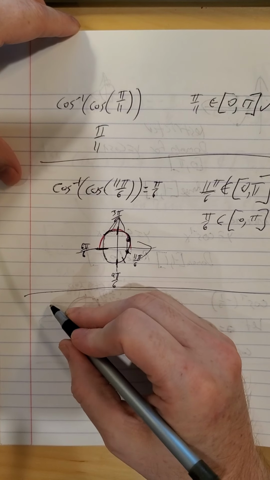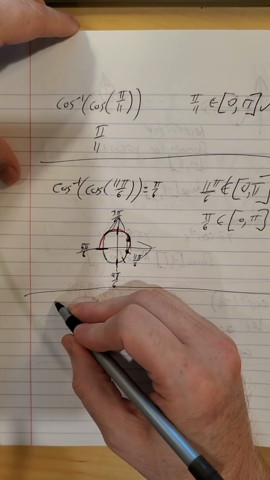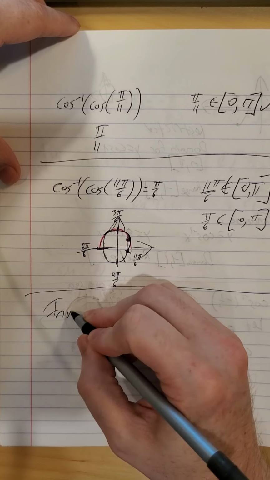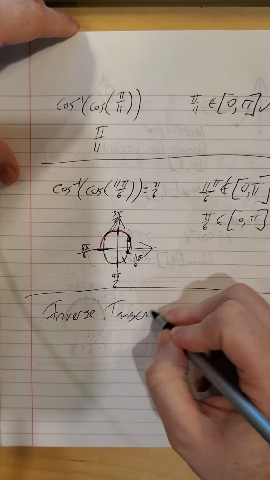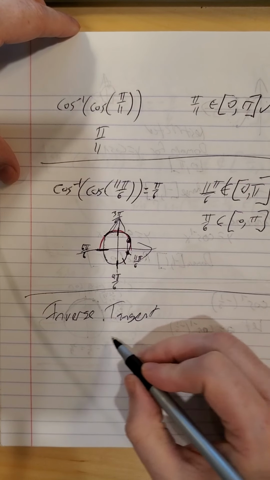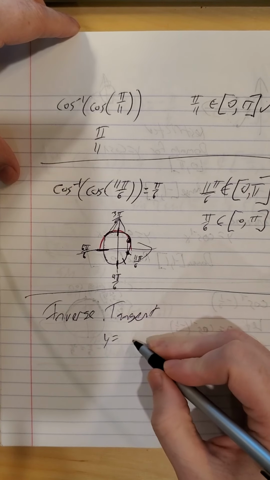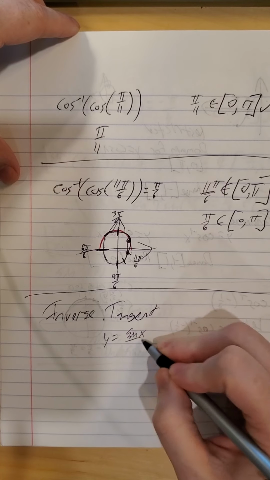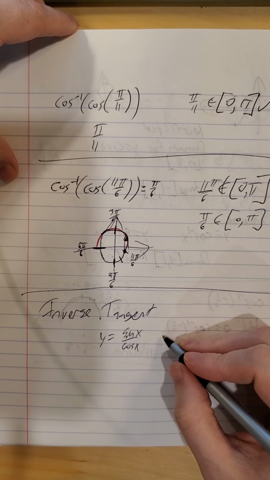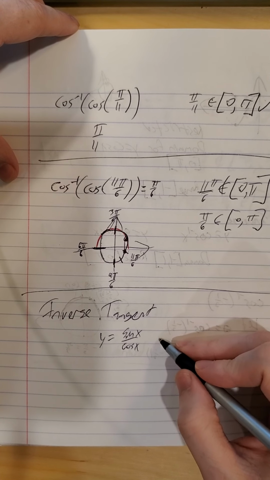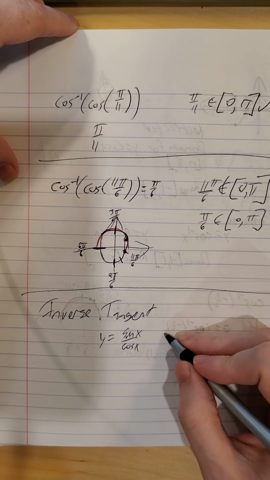Alright, so then we look at the tangent, specifically the inverse tangent is where we're going with this. So recall for the tangent, y equals sine x over cosine x. So this is undefined where cosine x is 0.